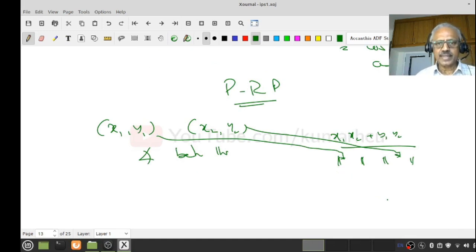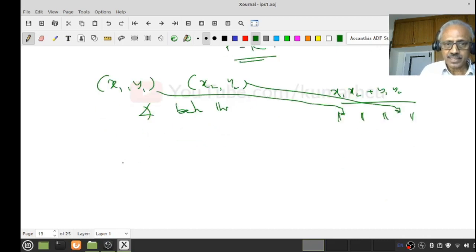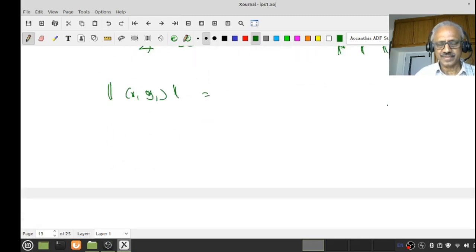So by looking at the product of the coordinates and summing them, we get an expression for the angle. That is the important thing. Not only that, notice that the length of the vector x1, y1 is also given by the same thing, x1 into x1 plus y1 into y1, right? Are you following? Okay.